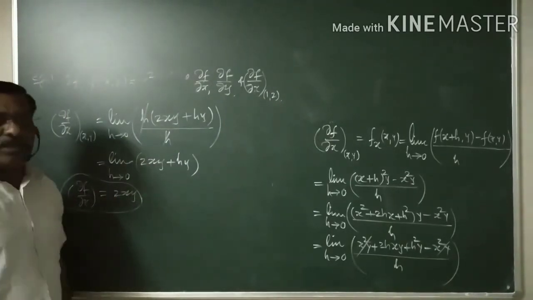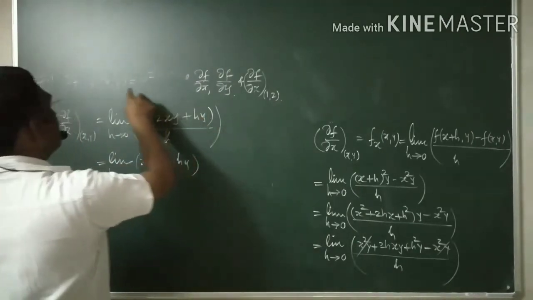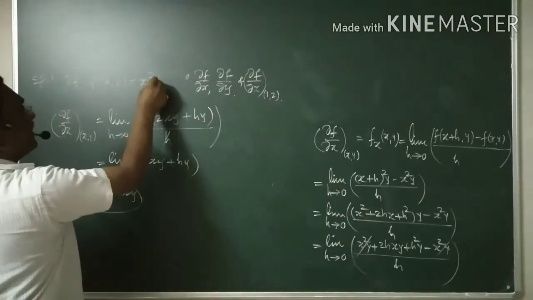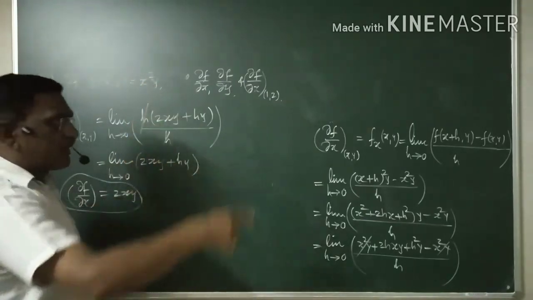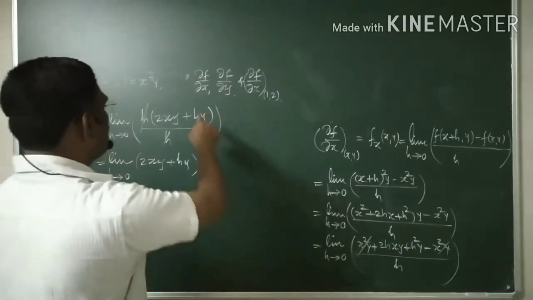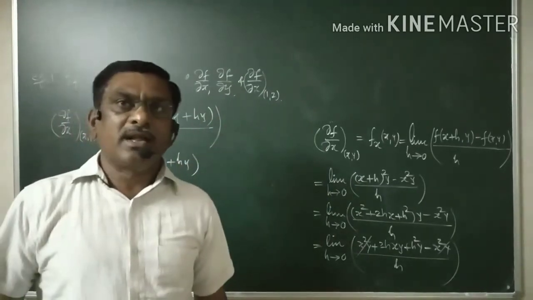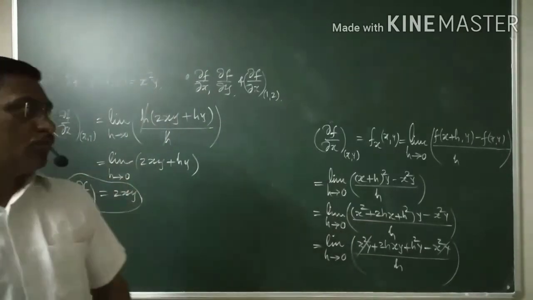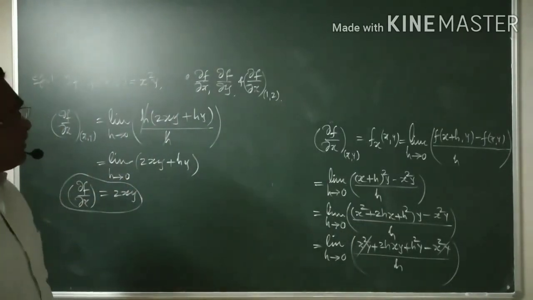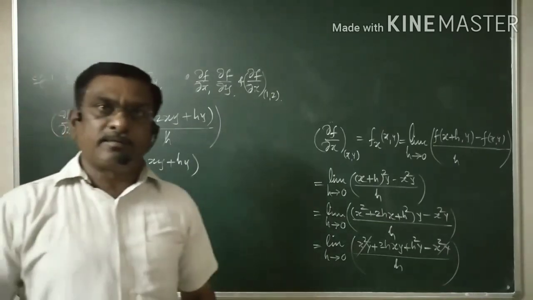Similarly, you can obtain the partial derivative of the given function x²y with respect to y, and again by treating x to be 1 and y to be 2, you can obtain the partial derivative of the given function at the point (1, 2). Okay, therefore for the time being, let us stop for today.